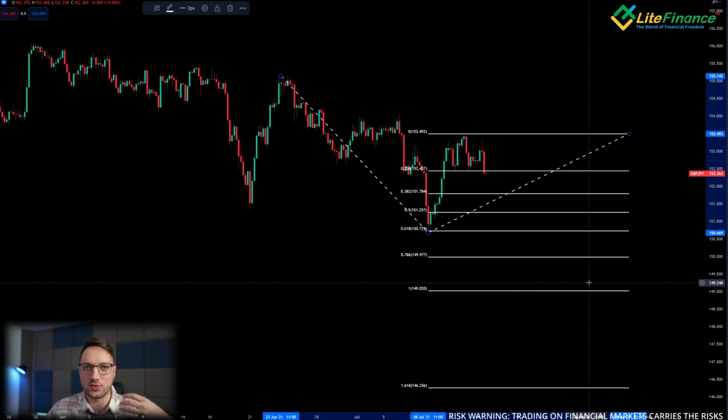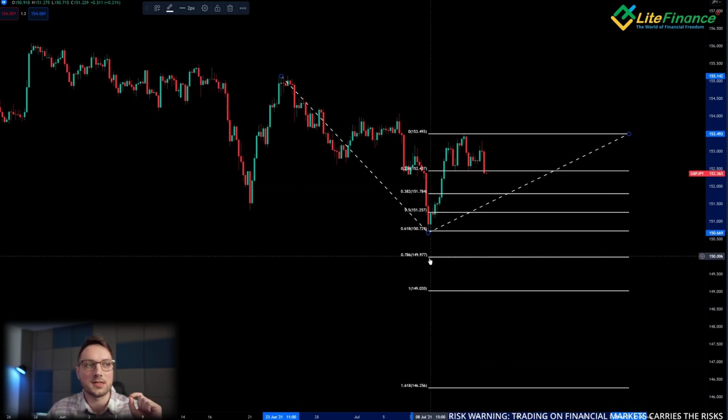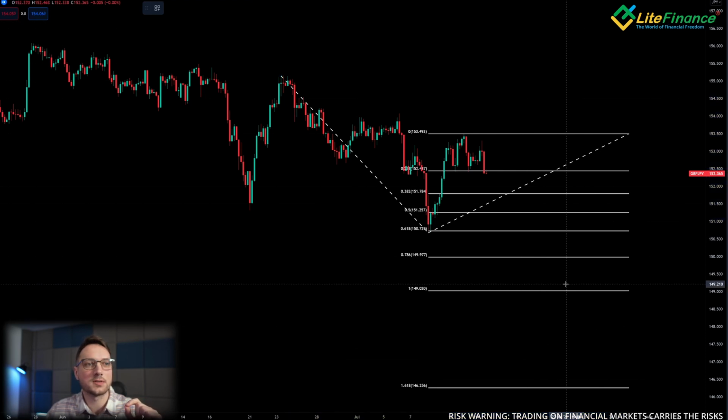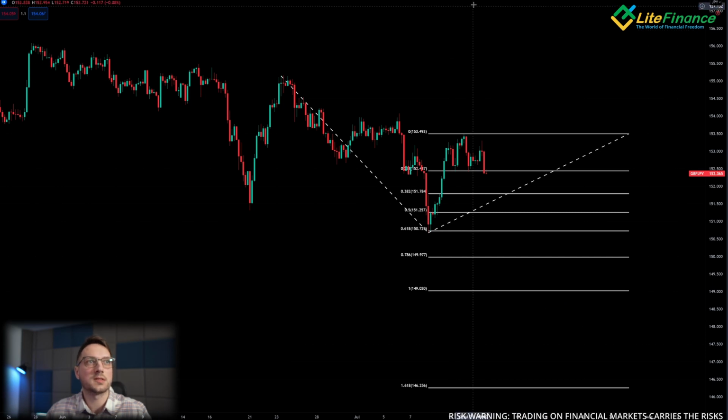But I need to say up front, level 1 is the strongest one, and I will explain why a little bit later. The other numbers are not significant at all. You shouldn't use them. I don't know why they are displayed over here. So yeah, as I said, level 1 is crucial for us. This over here. So now let's play the chart.